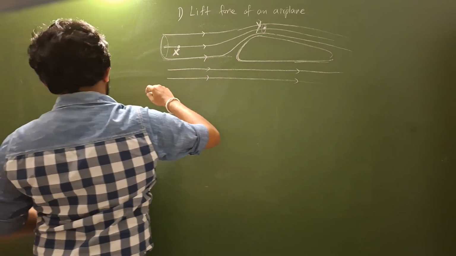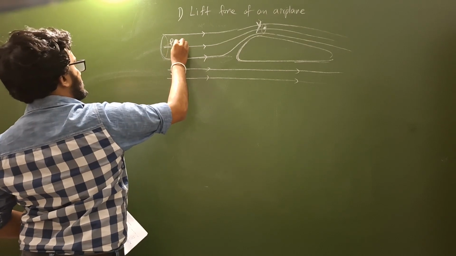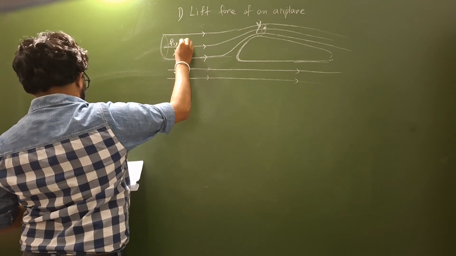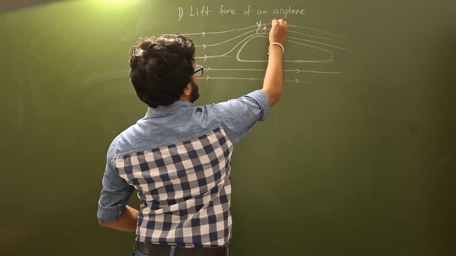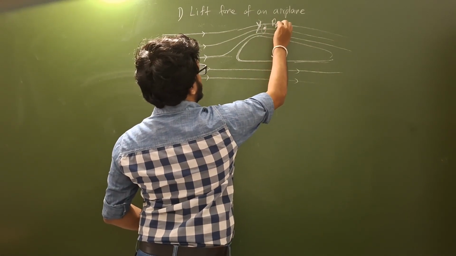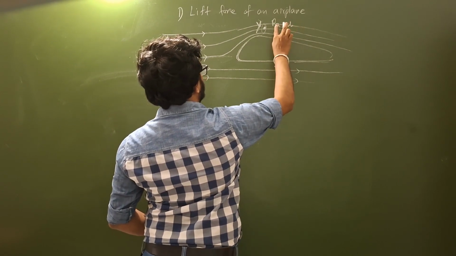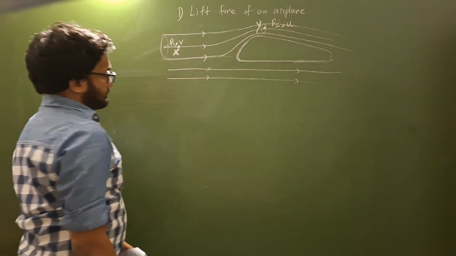Let's write data relevant to this x position. Let's take pressure at this position as P1, and velocity as v, and pressure at this position as P2, velocity as u. This is P2, velocity is u.